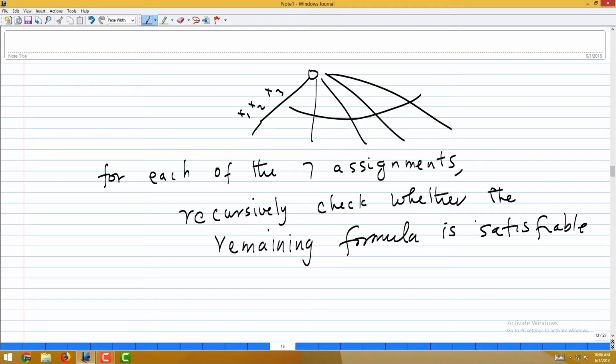So, what would be the recurrence relation for this algorithm? I am solving 7 problems of smaller size. T of n equal to 7 T of n minus 3 plus some polynomial time. Okay, don't bother about it. What does this solve to?